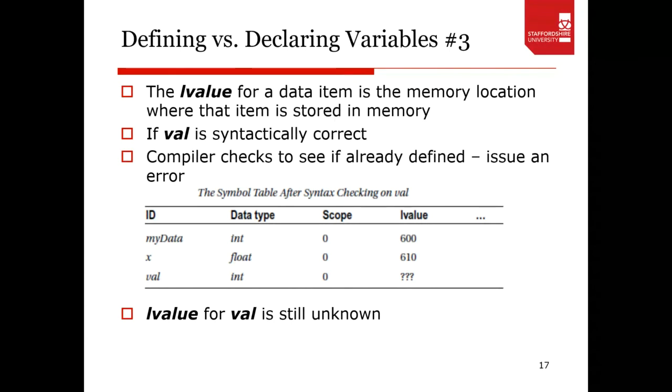So at the moment, val is correct, so it's been added to the table here. It's an integer and it is 0. However, it's not been placed into memory yet, so its L value is still unknown. It's not been allocated a space in memory yet.